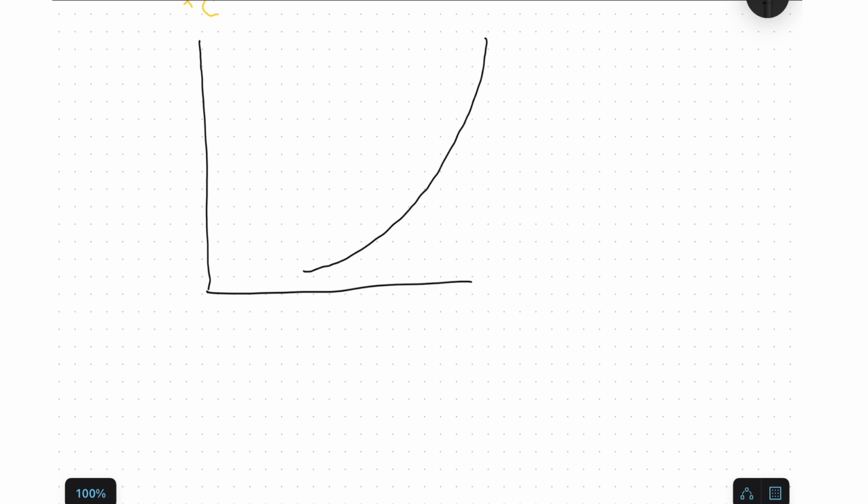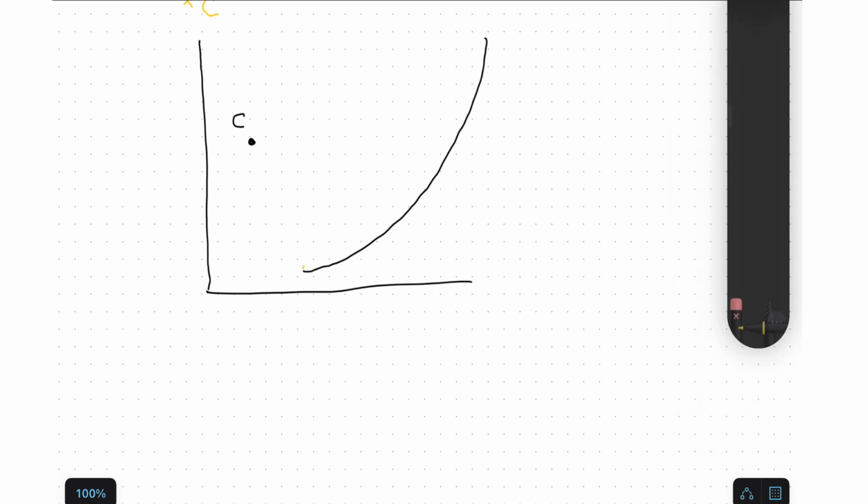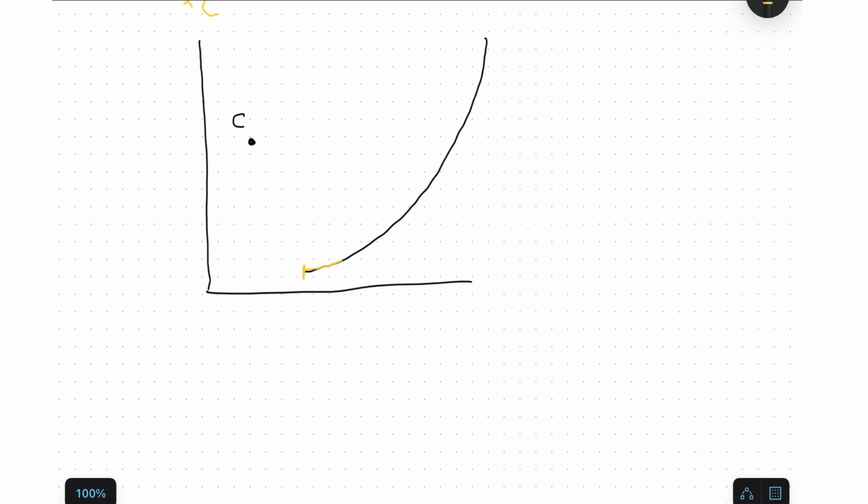I am standing at this point. This is point C, the center of a small segment of the path or curve. Suppose I'm talking about this segment, it starts from here to this point.